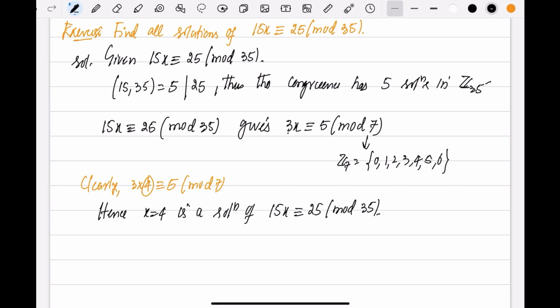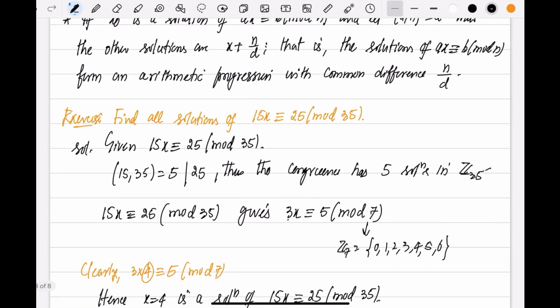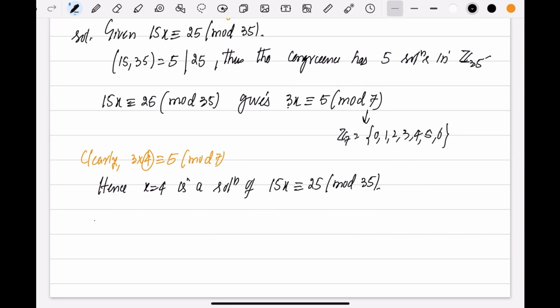In fact, this will give all the solutions among Z35 for this congruence. As we know, the set of all solutions forms an arithmetic progression with common difference n by d. Here n is 35 and d, the GCD, is 5, so n by d is 7.